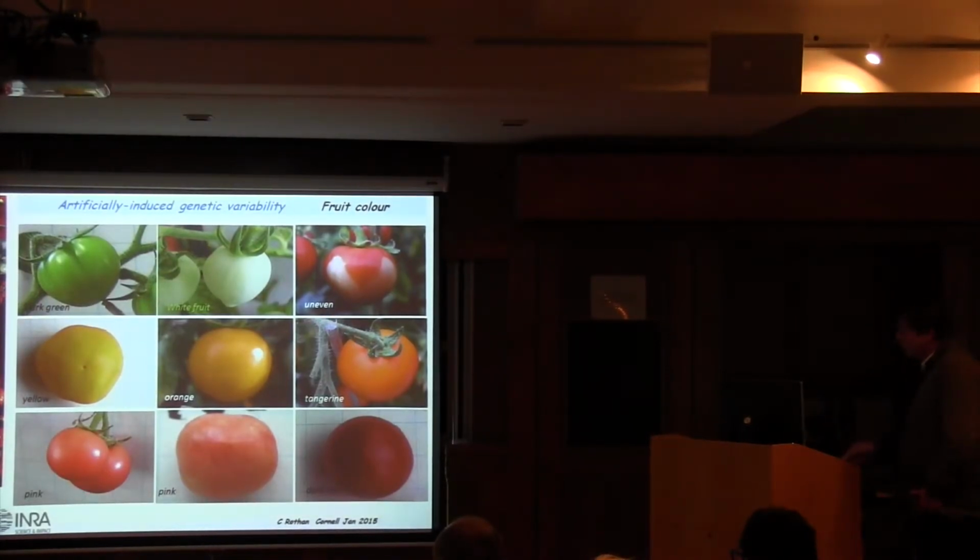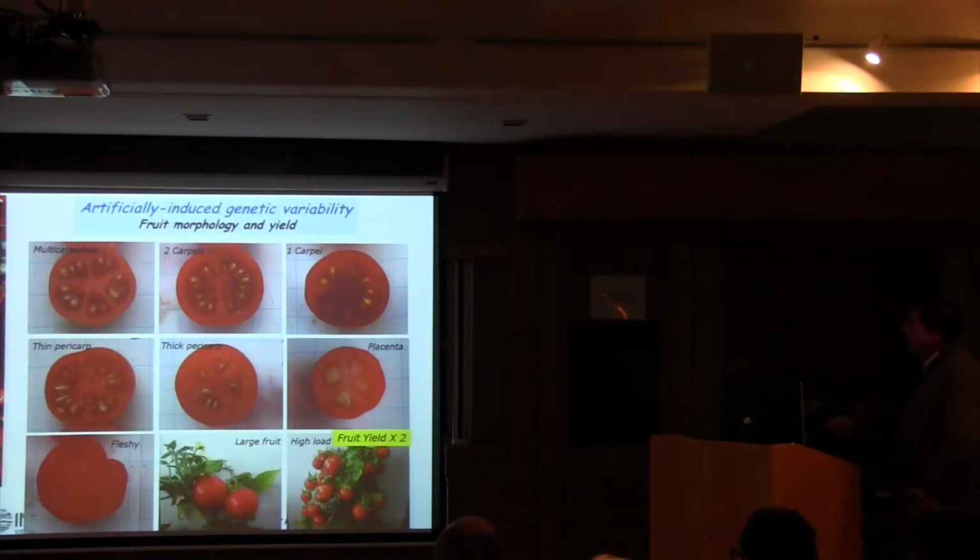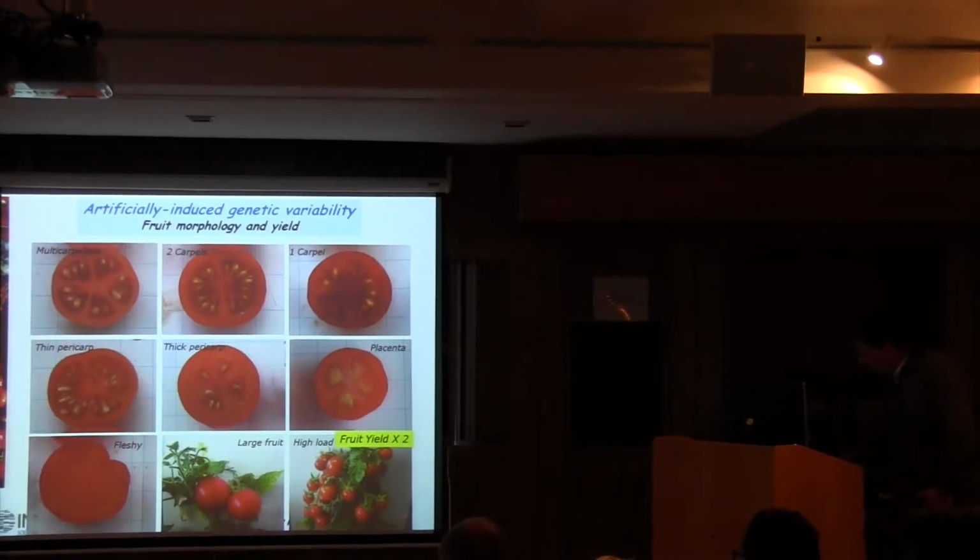Color aspect, and this one has been isolated, which is a cuticle mutant. I will talk about that today. We are interested in fruit morphology, fruit size and fruit morphology.